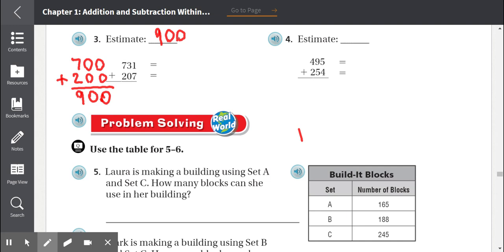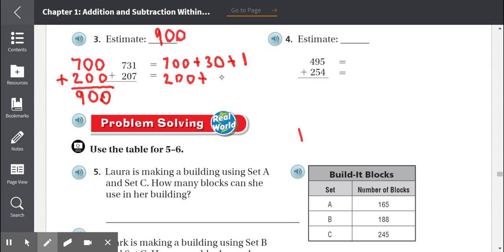So let's use the break apart strategy. So 731, we break apart the hundreds. So that's 700. That's the tens place. So that's 3 tens. 3 tens equals 30. Plus, there's just one 1. Now let's break apart 207. We have 200s.